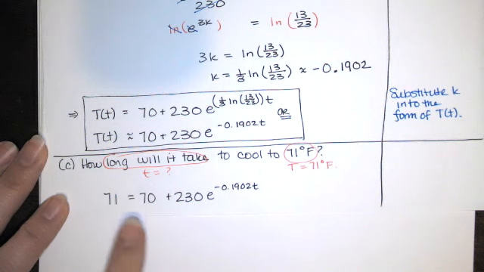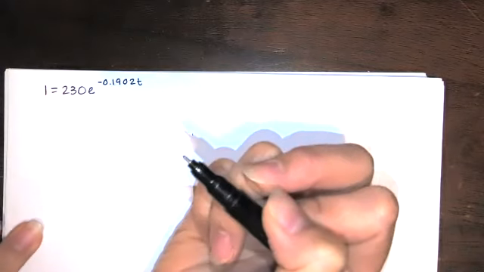So if we subtract 70 from both sides, we end up with this exponential equals 1. And we want to isolate the exponential, so we'll divide both sides by 230.